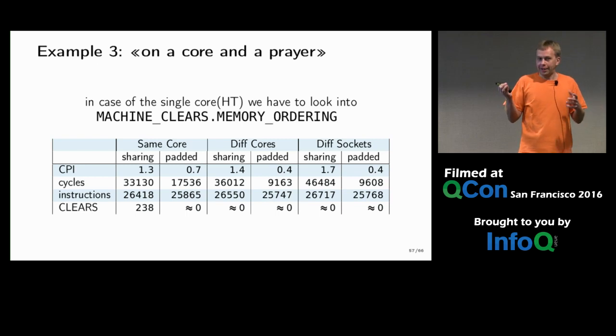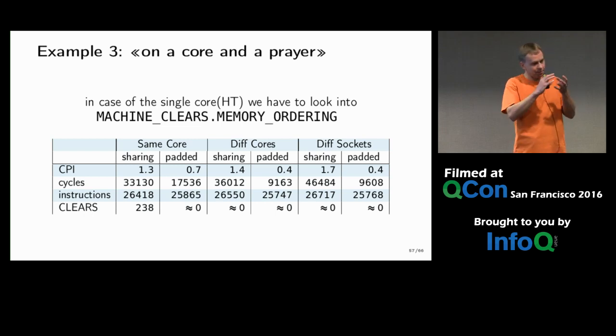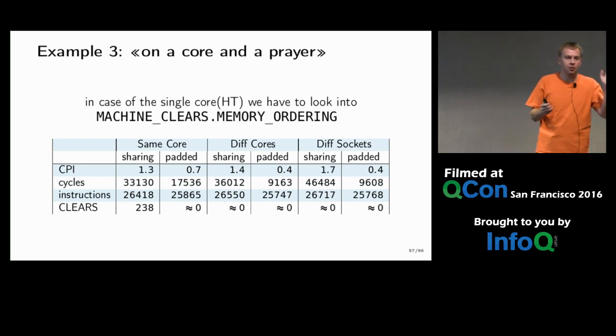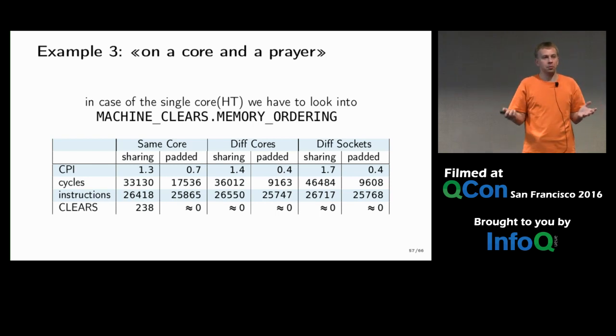Probably somewhere in the future this issue will be solved, but the issue is called memory ordering. There is a piece of hardware called the disambiguator, which tracks writes from different hyperthreads on the same hardware and tries to understand whether there is a conflict or not. If the disambiguator tells the CPU that there are no address conflicts for writing and reading from memory, these operations can be executed in parallel.